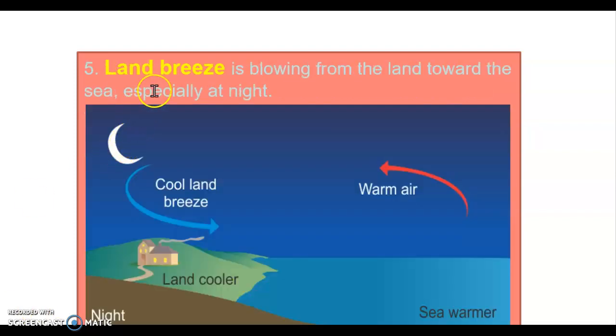When you say land breeze, this happens during the night, blowing from land toward the sea, especially at night. So what happens now? The sun is out of the picture. I said earlier that the land heats up faster, but it also cools down faster.